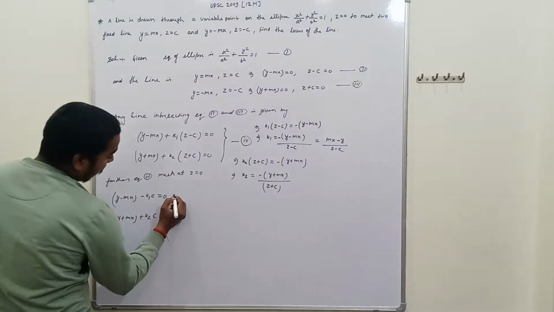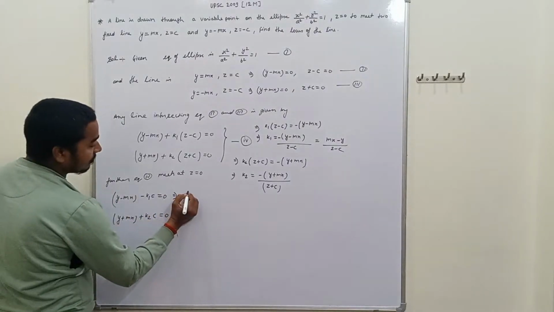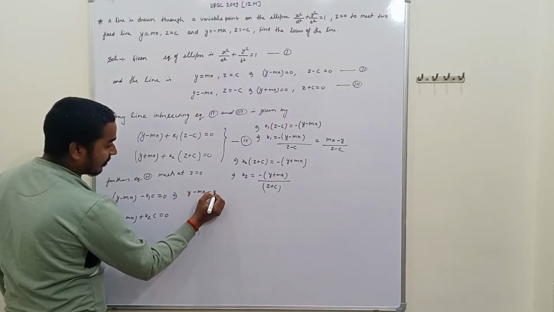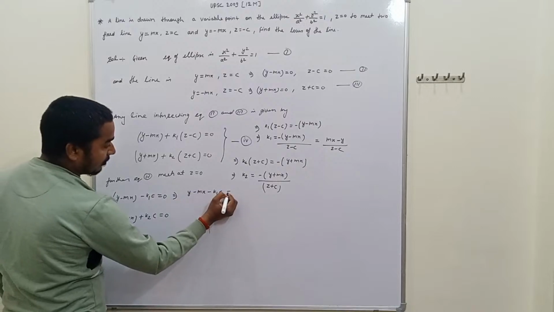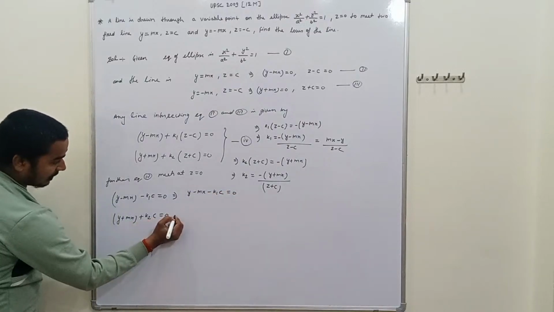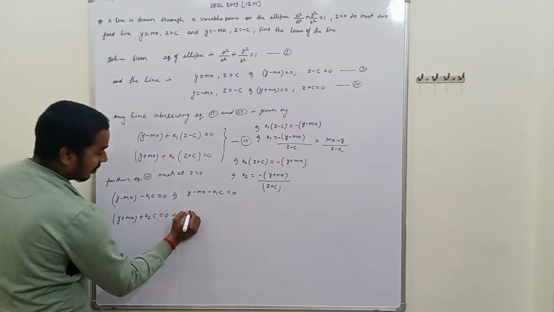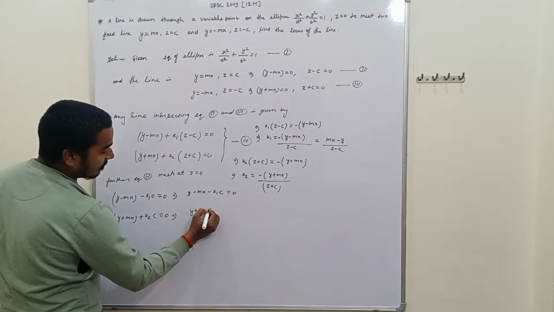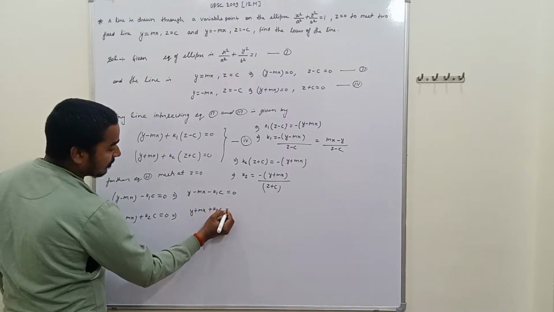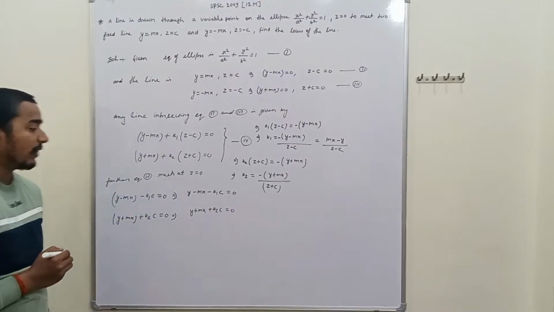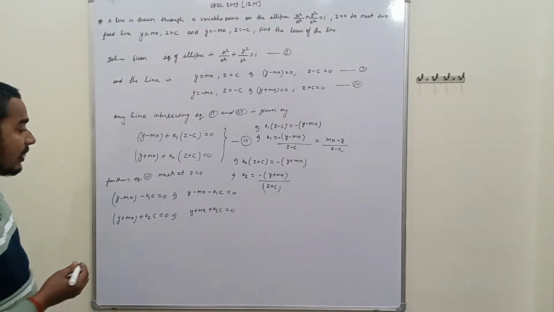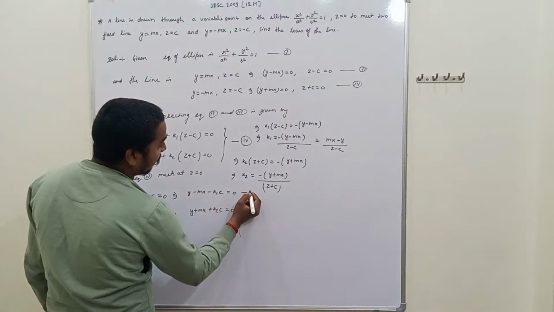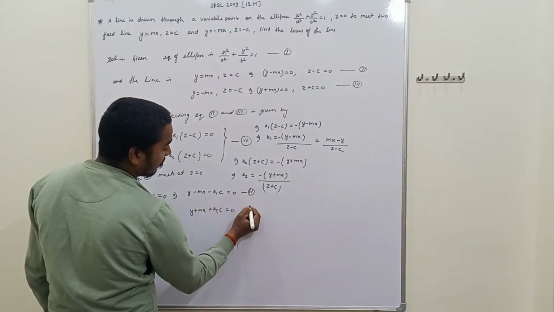We can also write it in the form y minus mx minus k1c is equal to 0, and this equation is also written as y plus mx plus k2c is equal to 0. Let this be equation 4 and this be equation 5.